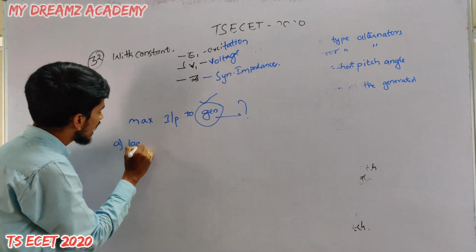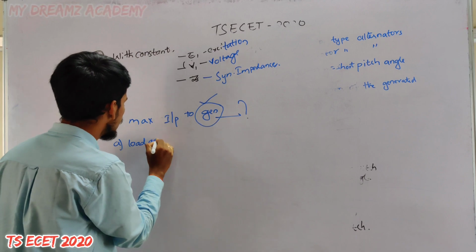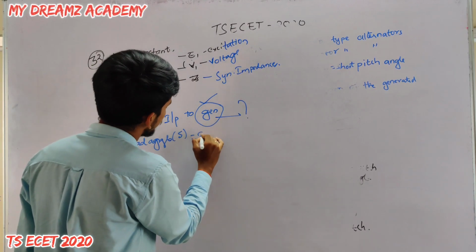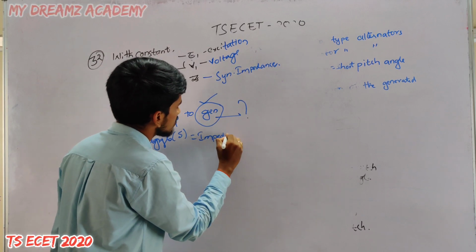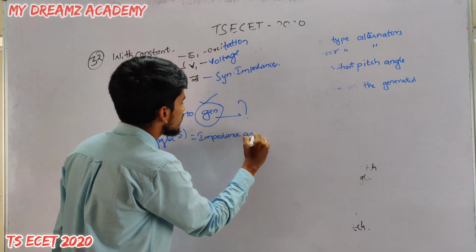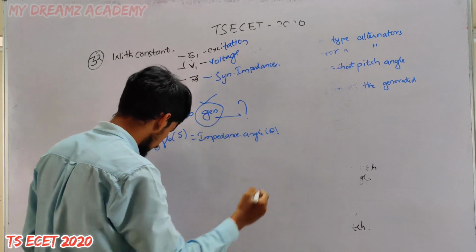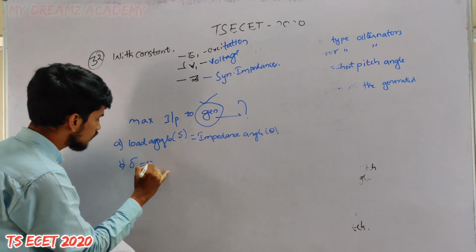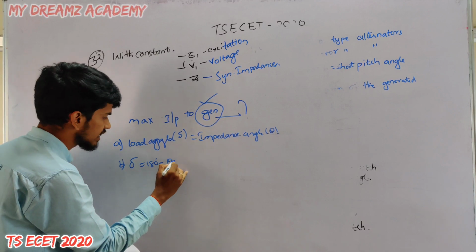Option A, load angle delta is equal to impedance angle theta. Option B, load angle delta is equal to 180 minus theta.